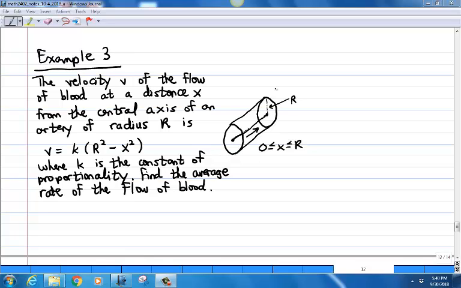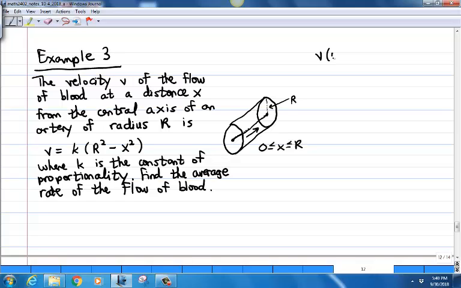And in this scenario, the radius of the artery, that is the distance from the center to the edge of the artery, is given by capital R. So this distance x, at which we're going to measure the flow of blood, has to fall somewhere between 0, because we might be right at the center of the artery, and capital R, because obviously the blood can't be any further distance than the radius of the artery away from the center of the artery. It's kind of interesting to actually evaluate this function at some values.